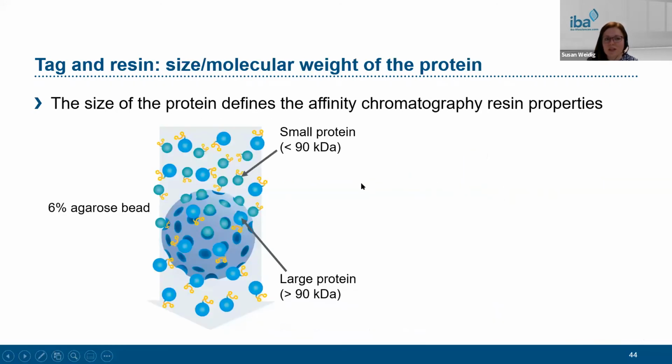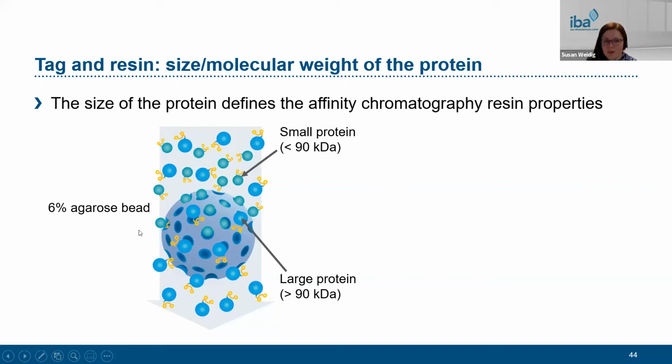And the selection of the tag and the affinity resin is also influenced by the size or molecular weight of the target protein. And with this slide, I want to explain why the size or molecular weight of the target protein influences the affinity chromatography resin.